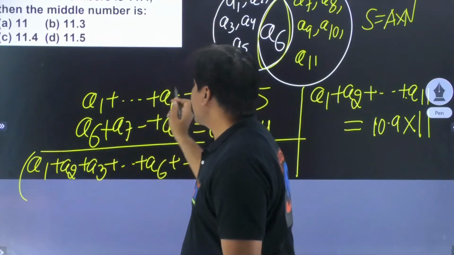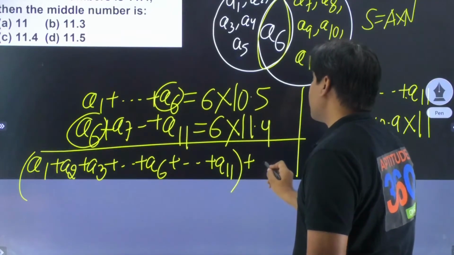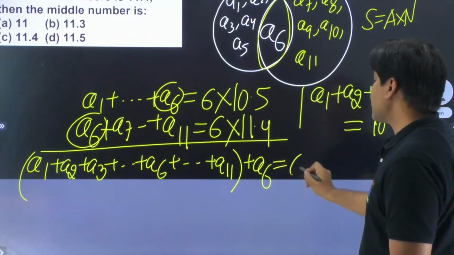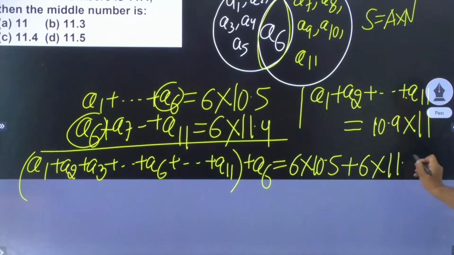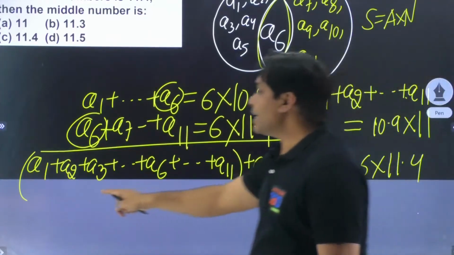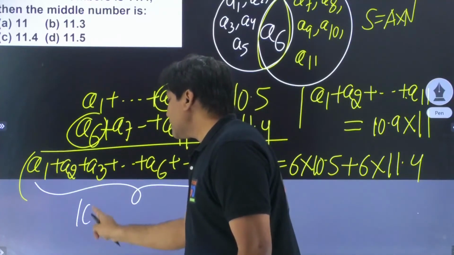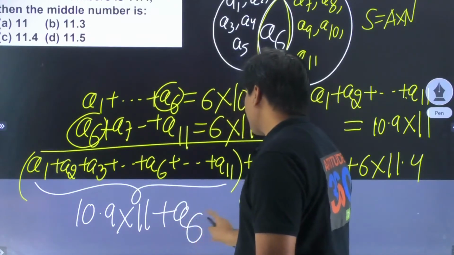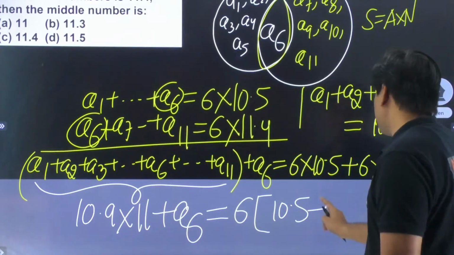Because A6 is here and the 6th element is also here, and hence this is going to be nothing but this, and that equals this plus this, which is 6 into 10.5 plus 6 into 11.4. And now you know for sure that this entire sum is given to you as 10.9 into 11, and then the 6th term, this is going to be equal to 6 times 10.5 plus 11.4.